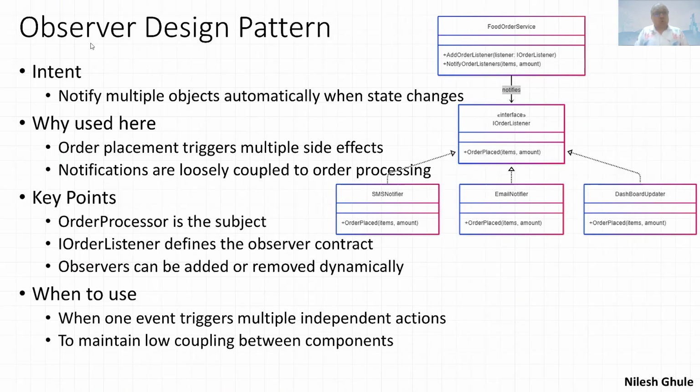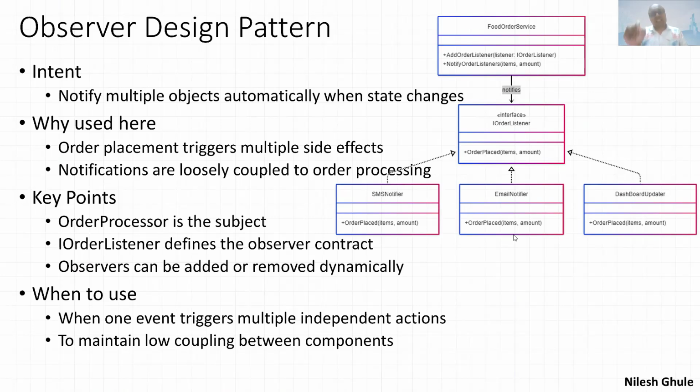So the observer design pattern is used to notify multiple objects automatically when the state change or when certain thing happened. In this particular case, this food order service is called as a subject in which the event is occurring. And then I order listener is the observer contract. The observers can be added or removed dynamically.